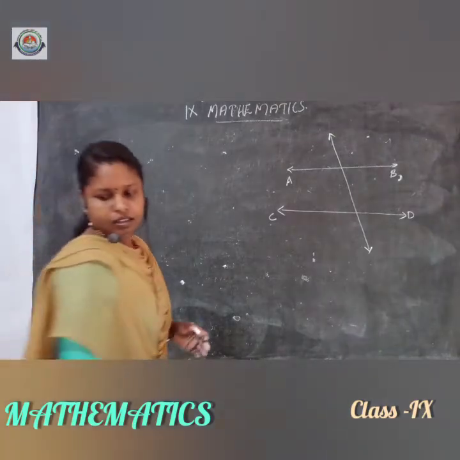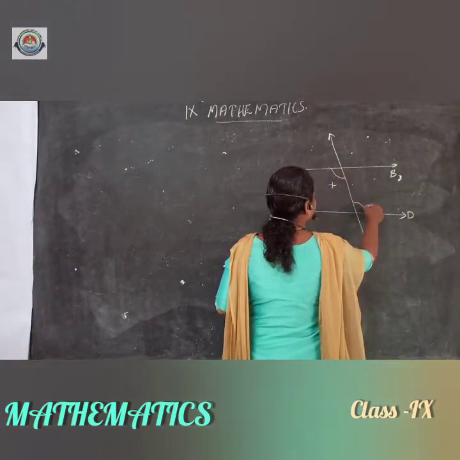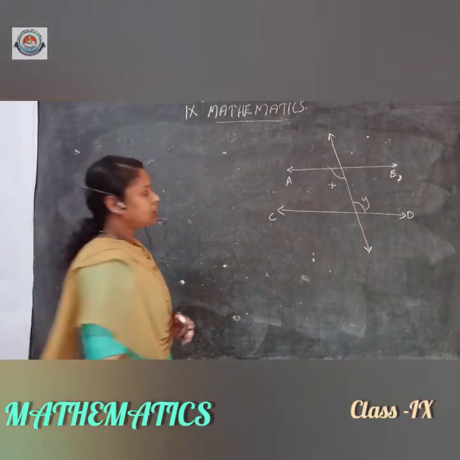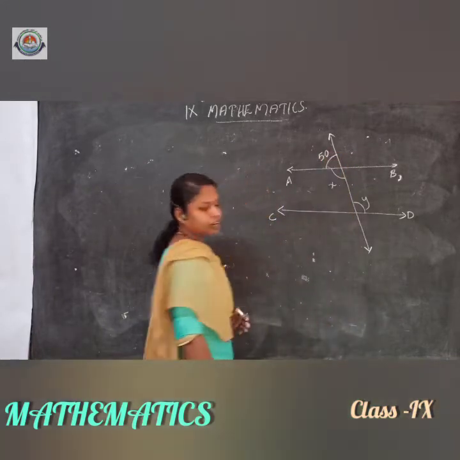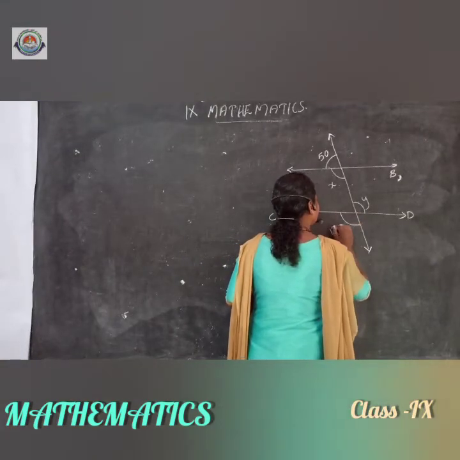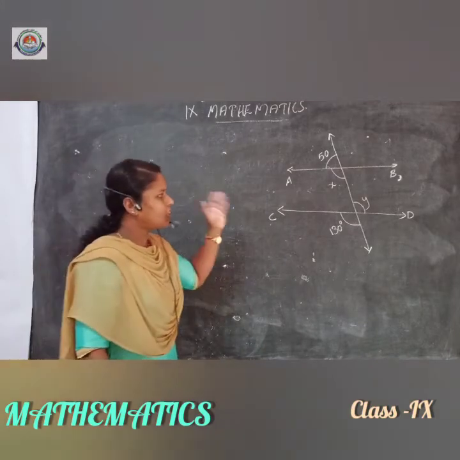Here x means this angle, and y. It is 50 degree and one more angle is given, this one. It is 130 degree. So the figure is given.